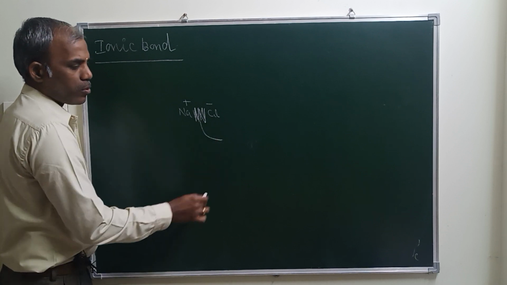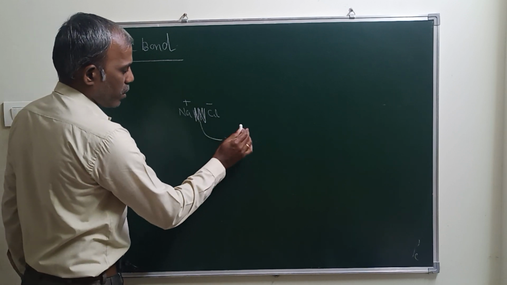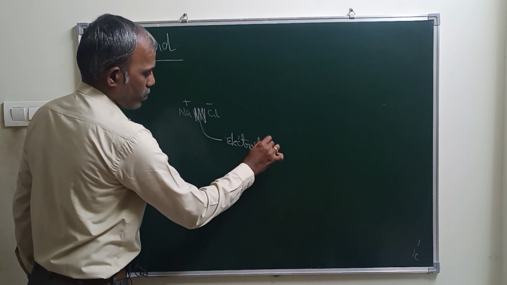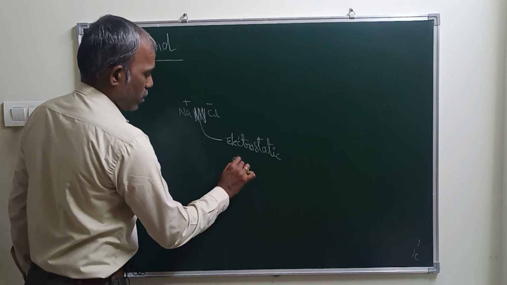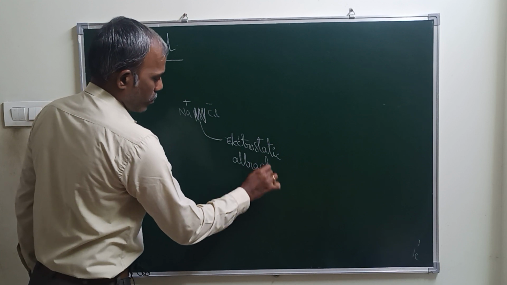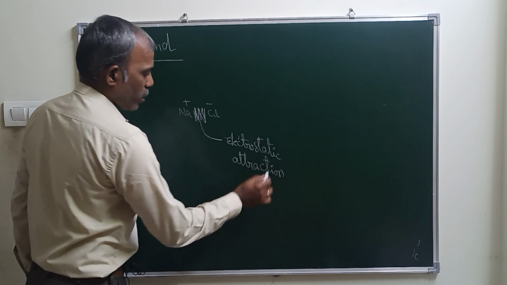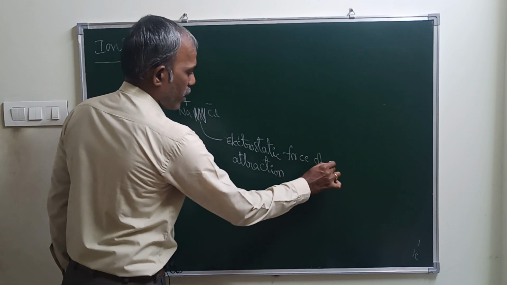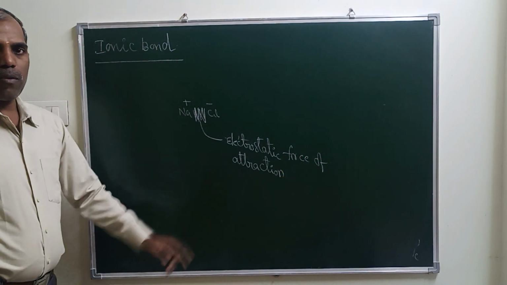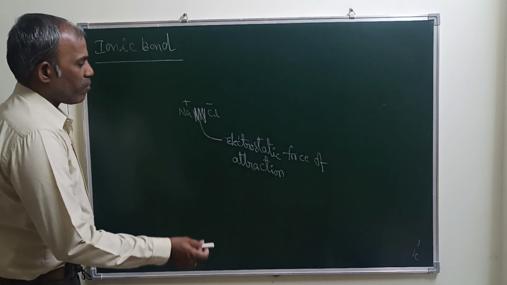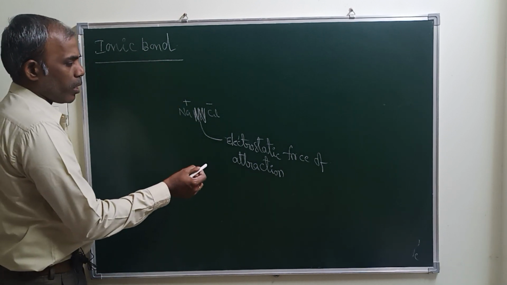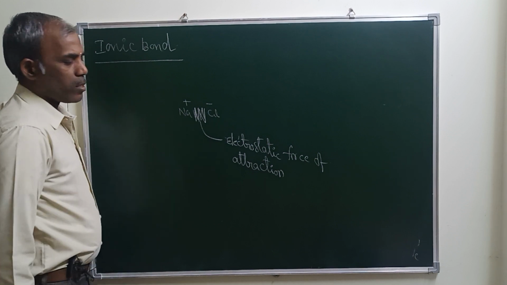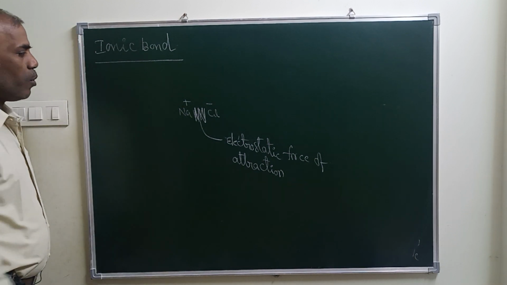This attractive force is called electrostatic attraction, or electrostatic force of attraction. So what can we define? Ionic bond is nothing but an electrostatic force of attraction between oppositely charged ions.